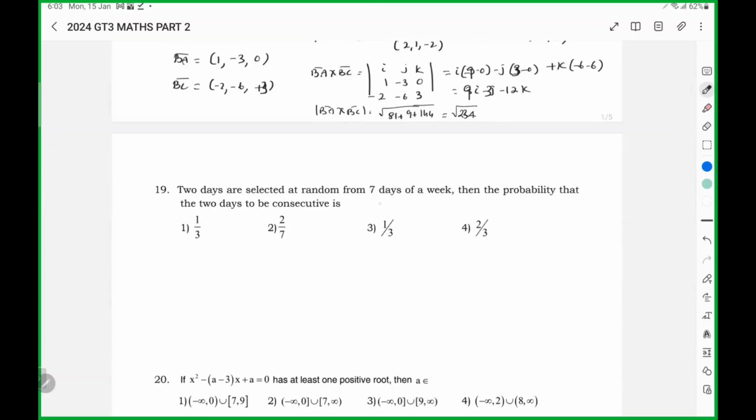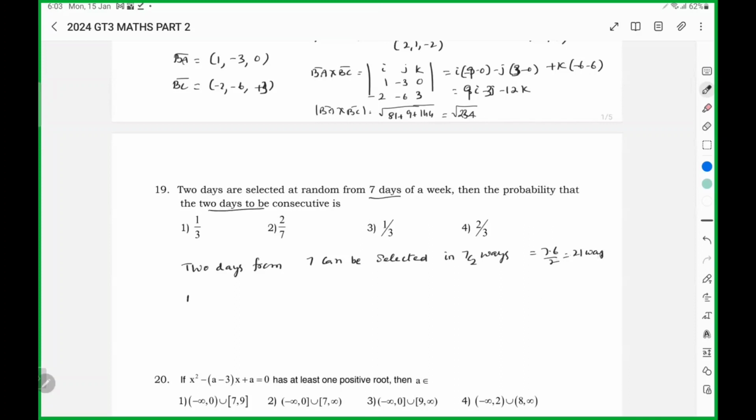2 days are selected from 7 days. 2 days from 7 can be selected in 7C2 ways, that is 7 into 6 by 2.